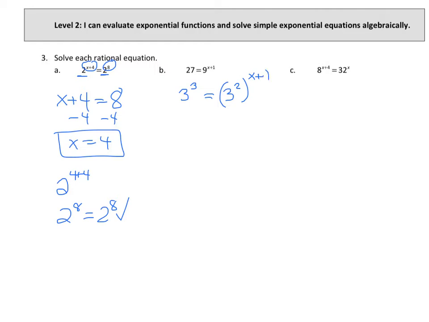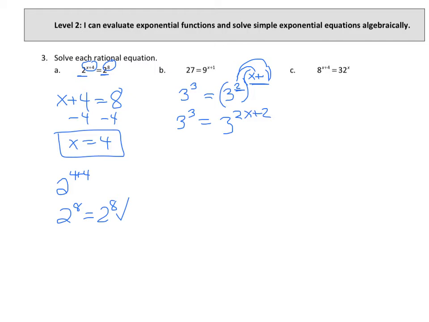So I'm going to simplify this right side a little more. I leave the left side 3 to the 3rd. Since I have a power raised to another power, I need to multiply those powers, and I'm going to have to distribute that 2 to both the x and the 1. And I get 3 to the 2x plus 2.